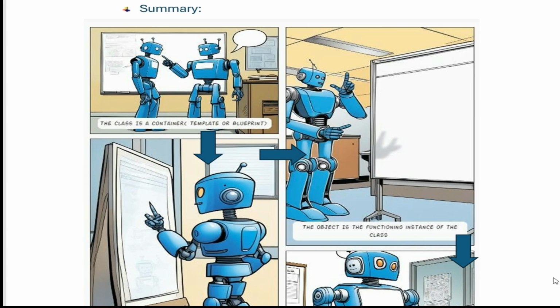Now let's summarize. The class is a container, template, or blueprint which contains functions, variables, pieces of code, methods, and so on. Abstraction is using the class only as a template, but no objects can be created with reference to it. Object is the functioning instance of the class.